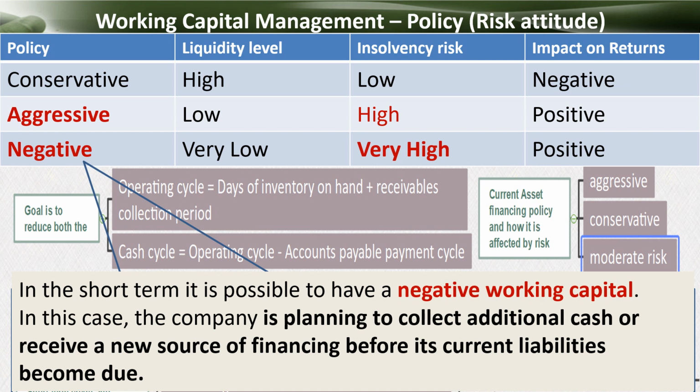Whenever current liabilities become due, they need to get an immediate new source of financing in order to meet that, because they don't have existing cash flow in the current assets, which is already short of the current liabilities. In such a case, the liquidity level will be very low, and therefore the insolvency risk is very high, but return will be positive.